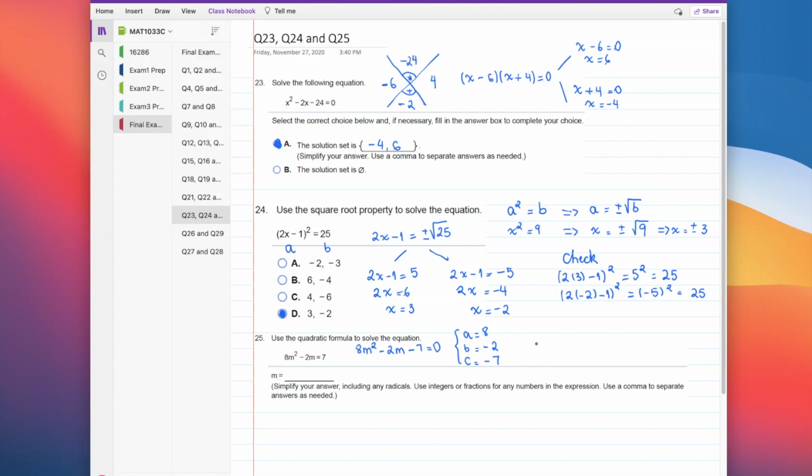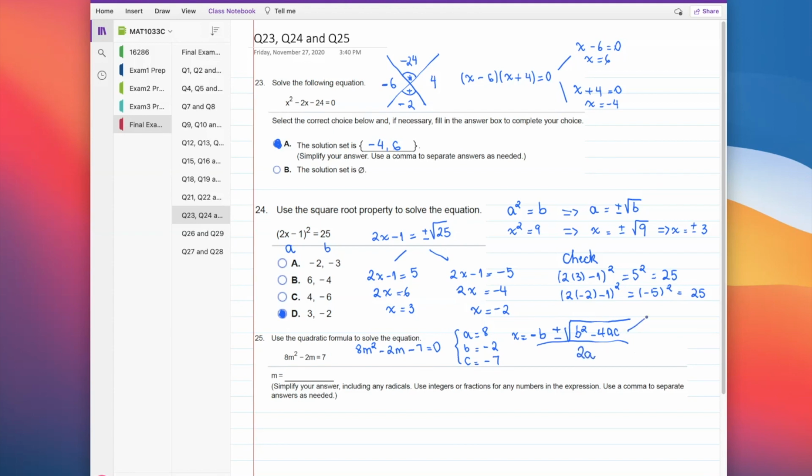And with that, I'm going to write the quadratic formula: x equals minus b plus or minus the square root of b squared minus 4ac, divided by 2a.